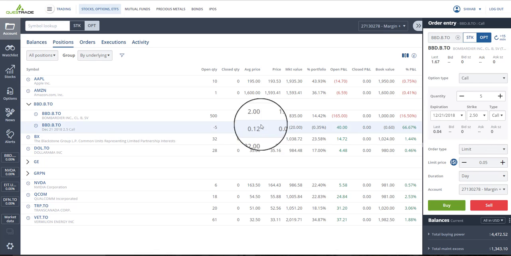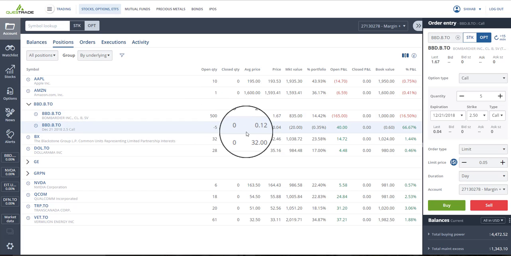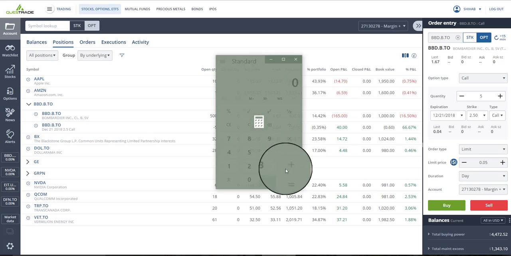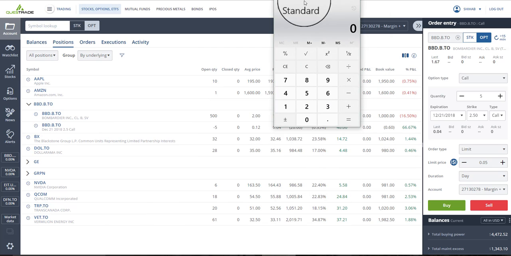Now the other scenario is where the stock price stays as is before the expiry date, or stays at $2 or does not reach $2.50. So I still keep my 500 shares, and I keep the $45 that I collected. And what happens in that case is I can keep repeating that process. Ideally, that's what you want to do.